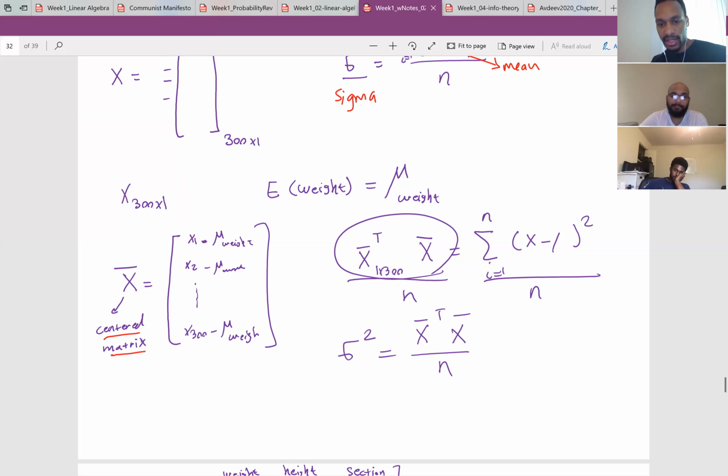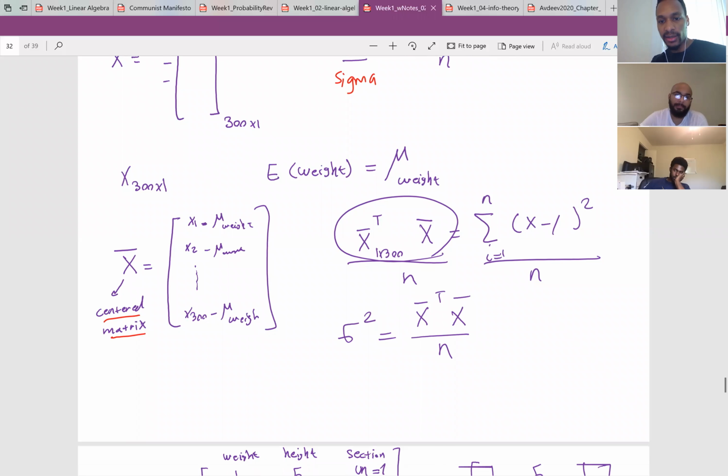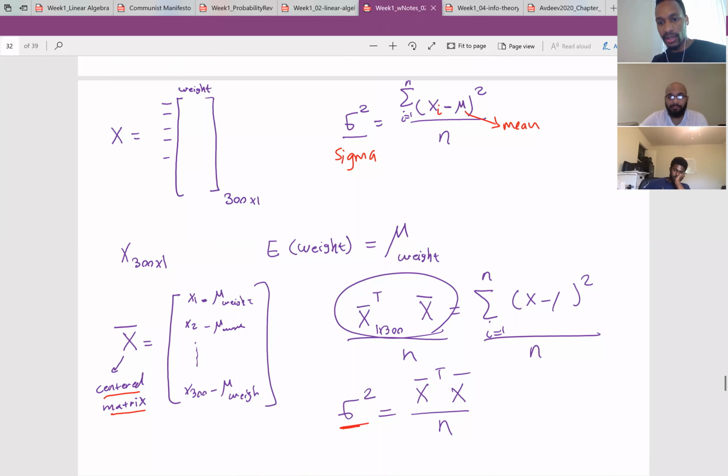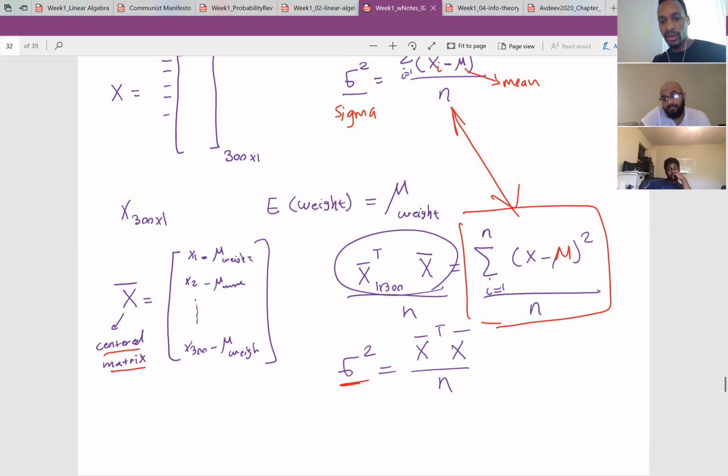So X transpose X is going to be your representation of the sigma as well. If you write it out, you'll see it's the same equation as your sigma here. These are equal. So sigma squared is also going to be equal to X bar transpose times itself divided by n.